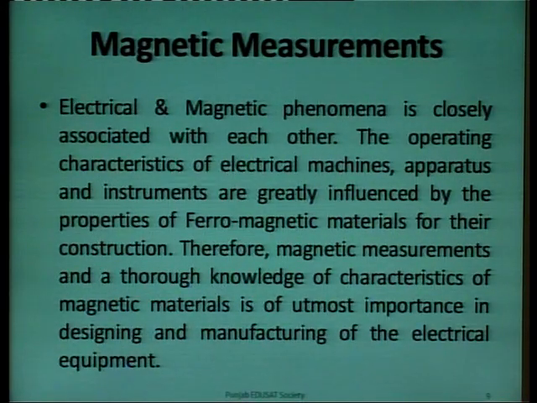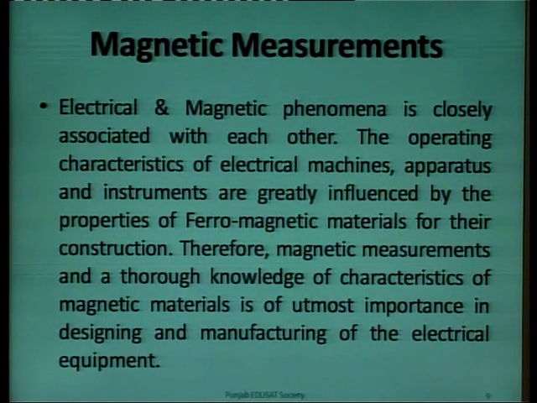As we can see again, in magnetic measurements, the electrical and magnetic phenomena are closely associated with each other. The operating characteristics of electrical machines, apparatus and instruments are greatly influenced by the properties of the ferromagnetic materials used for their construction.